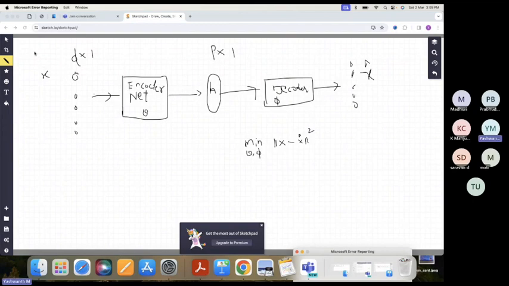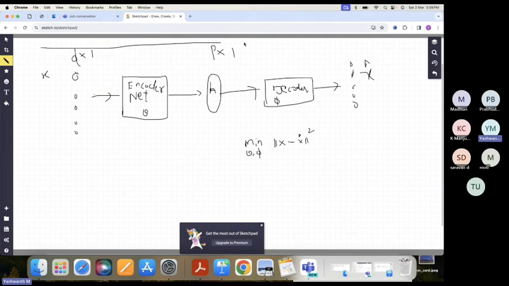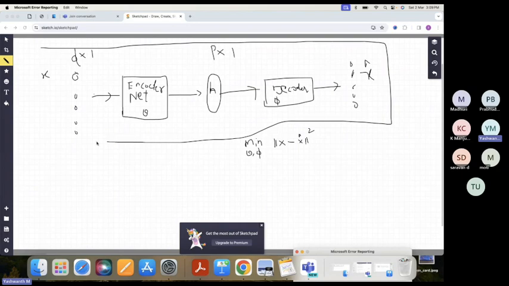So this is what an autoencoder is. So why do we need this? There is an input, you are creating some H, going back to X hat.